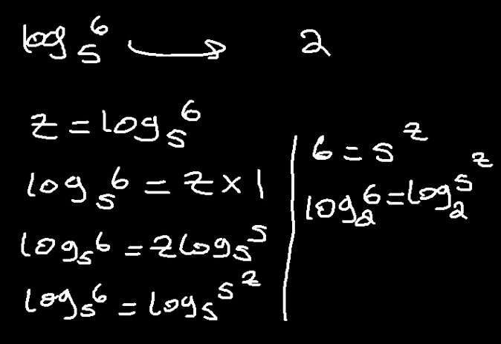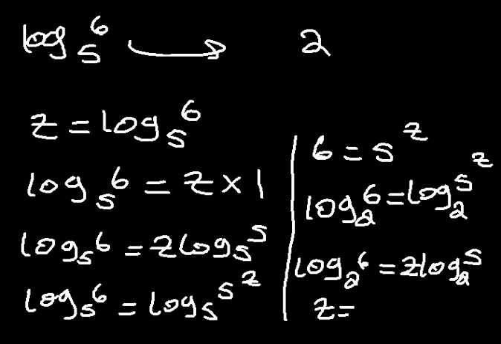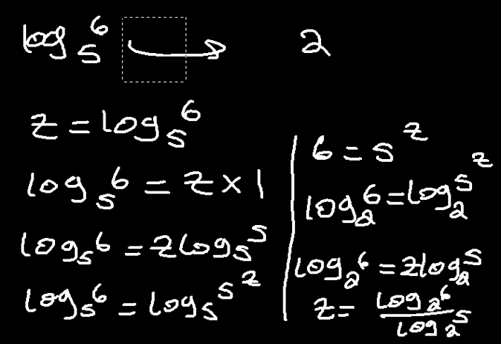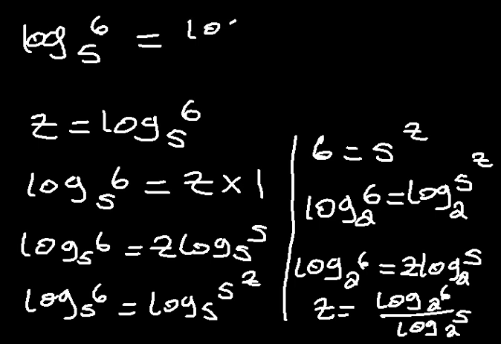Then making z the subject, we'll have log 2 of 6 equal to z log 2 of 5, so z is given as log 2 of 6 divided by log 2 of 5.